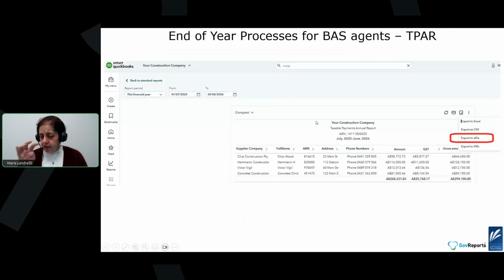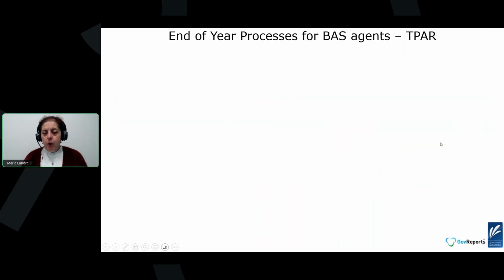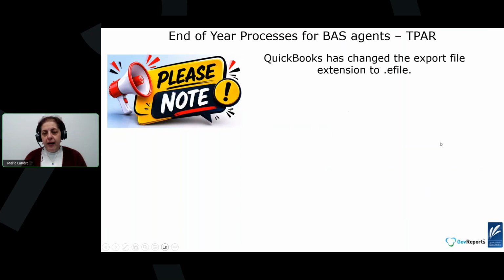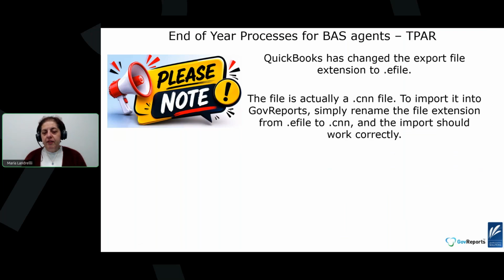Once you've done that, you've got various options that you can download it and export it to an e-file. Now, this is the other change that they made, because previously it was created as a different file name. It's now calling it an e-file, whereas previously it was a CNN file that you uploaded into GovReports.